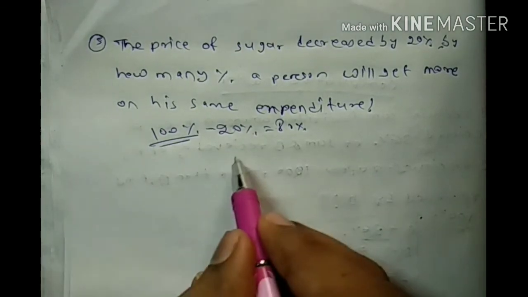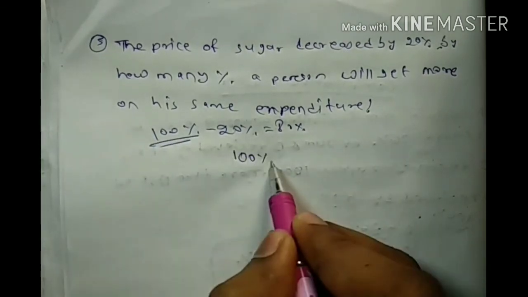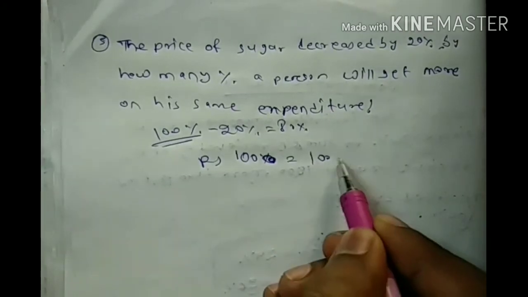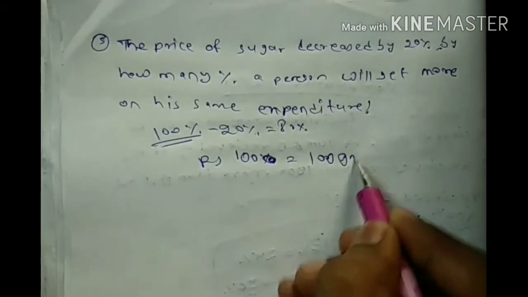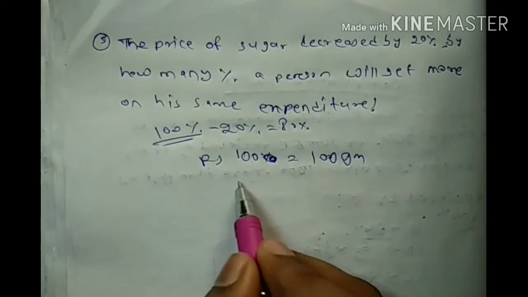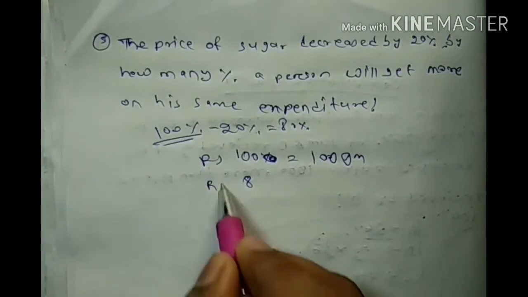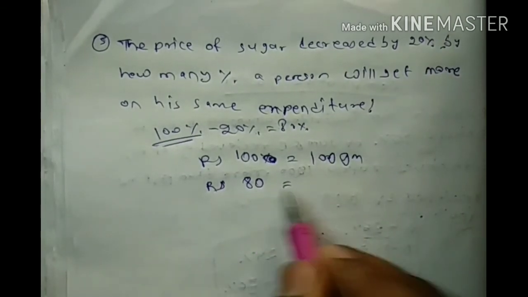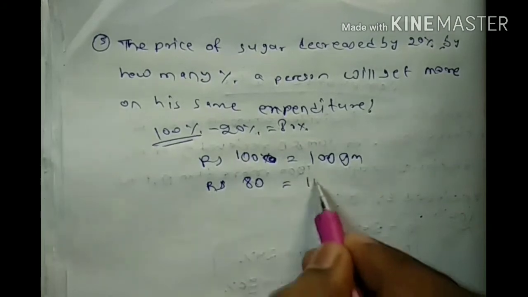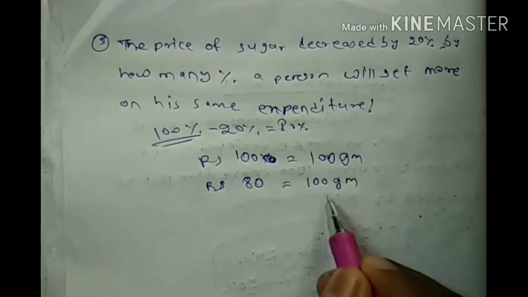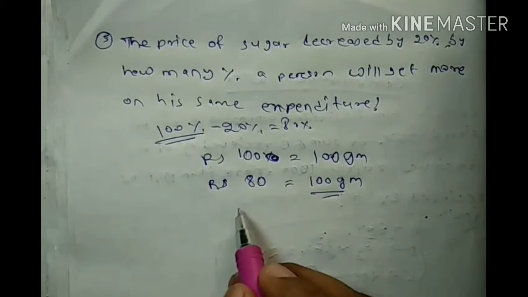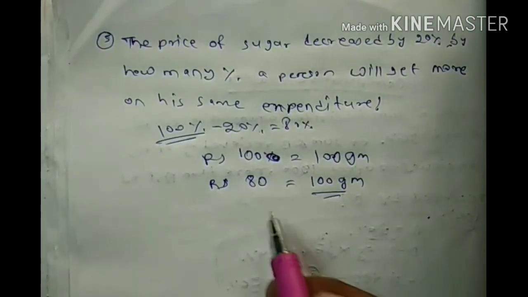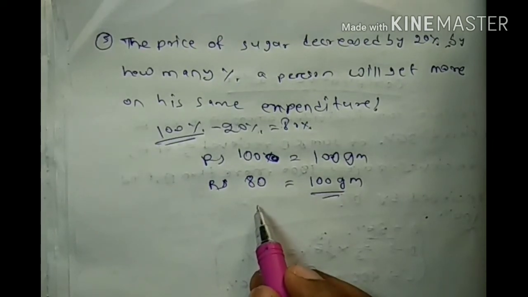It means if a man spends 100 and acquires 100 gram of sugar, then after the decrease he will get at 80 the same amount of 100 gram. We have to find, at the same expenditure, how much percent more he will get.